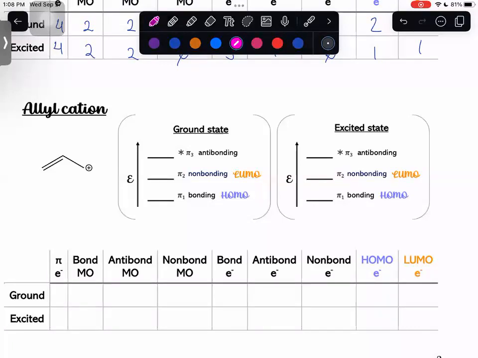It's gonna show the longer wavelength and it's gonna present with the lowest energy overall. You got it. Okay, let's continue with the allyl cation.